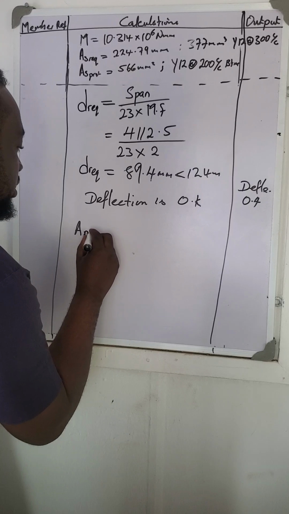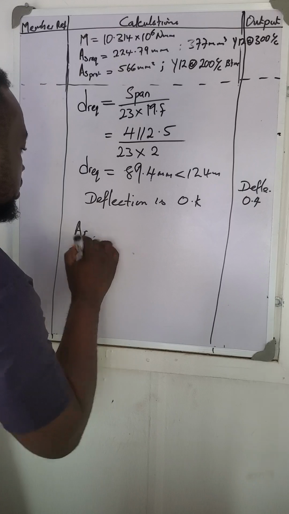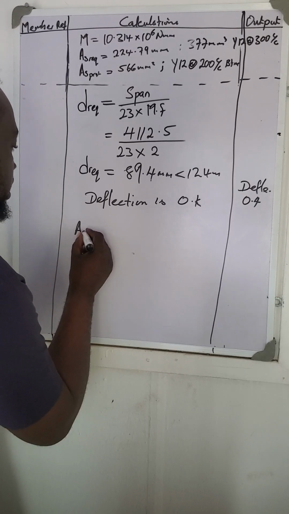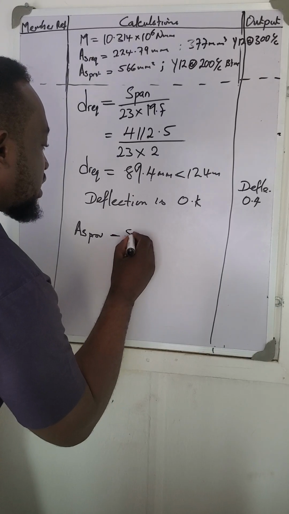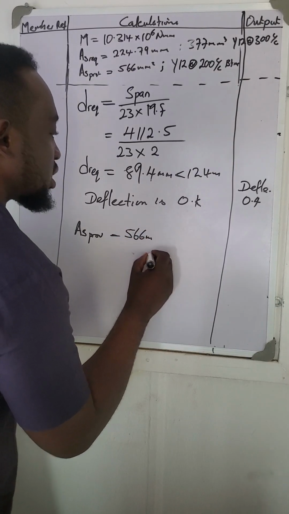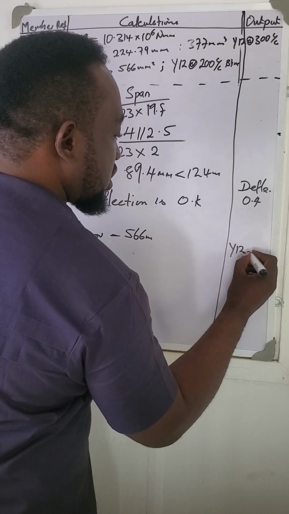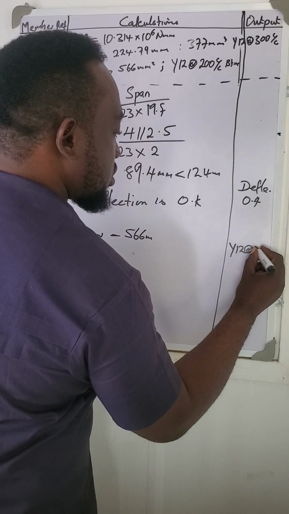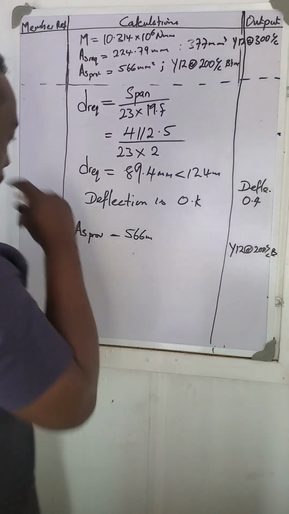As provided equals 566 millimeters squared. That's Y12 at 200 center to center bottom. All right.